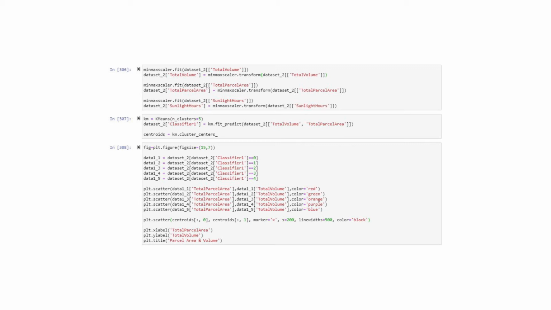The normalization was needed to ensure accurate clustering, without which the clusters would only take into account one of the axes values, rather than both. I then reformatted the data into 5 separate groups and scatterplotted them, along with their centroids.